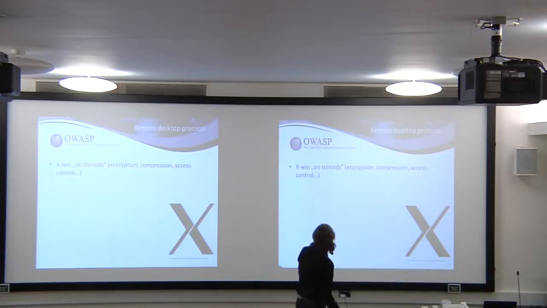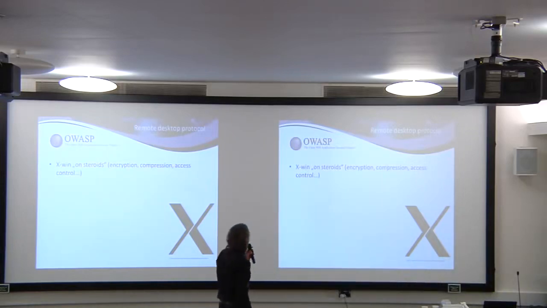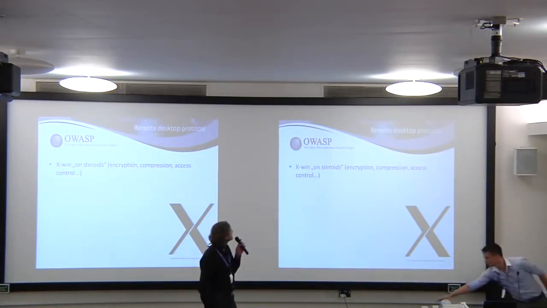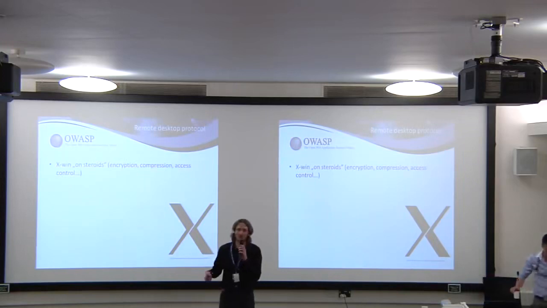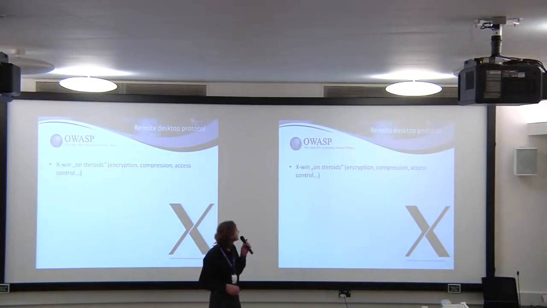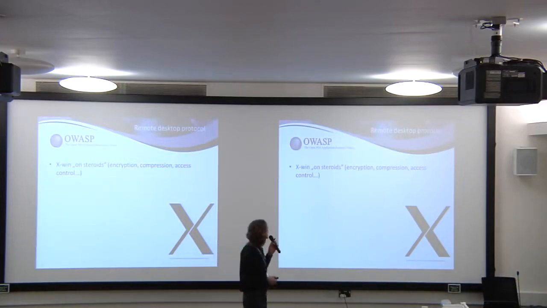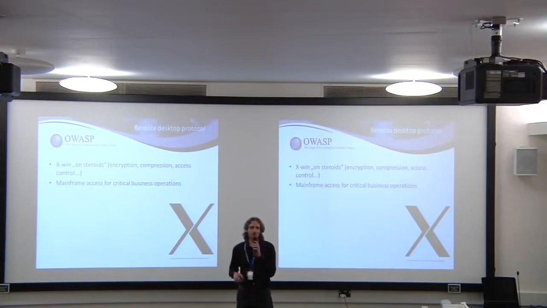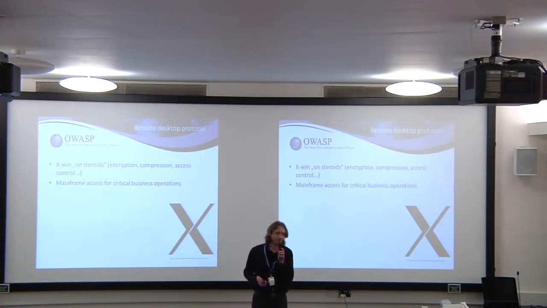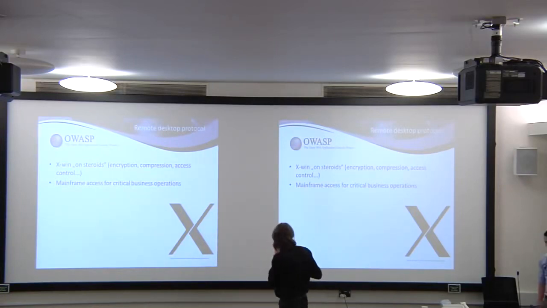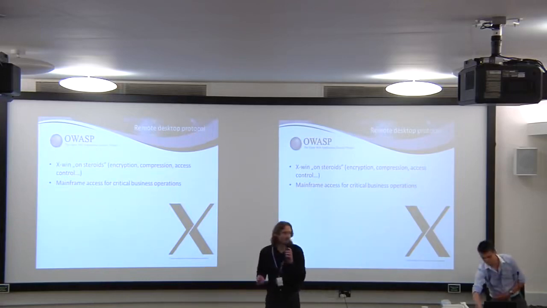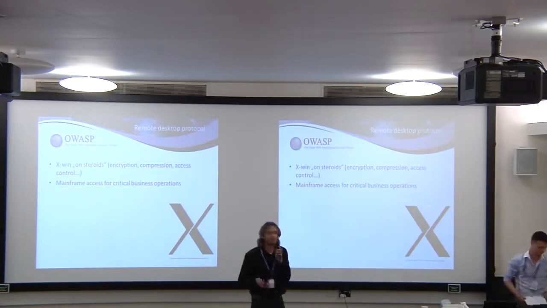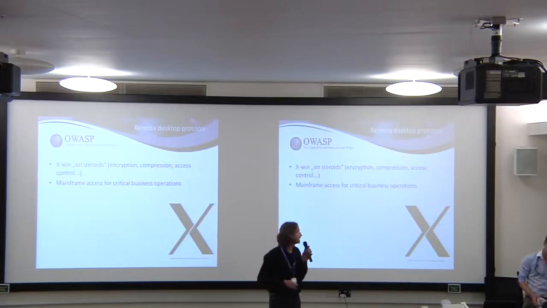Okay, so next example is remote desktop protocol. We would say it's some kind of X Windows with added layers of encryption, compression, access control, and so on. It's used mainly for mainframe access, for example, in banks or financial institutions, to graphically display some kind of programs, for example, for foreign exchange or something like that.